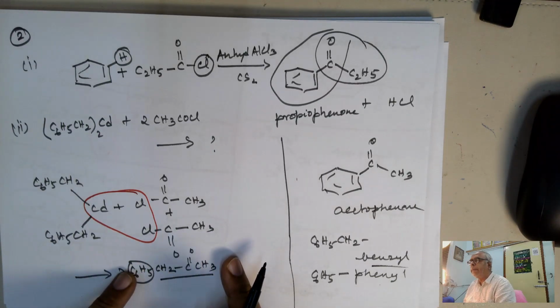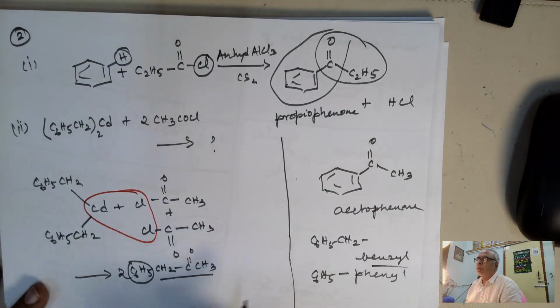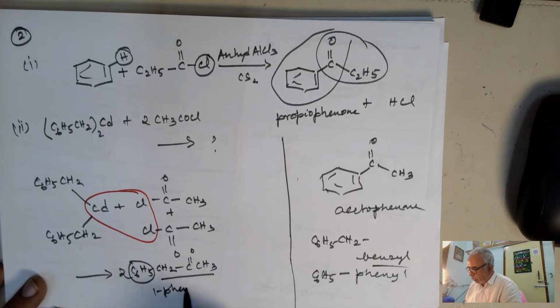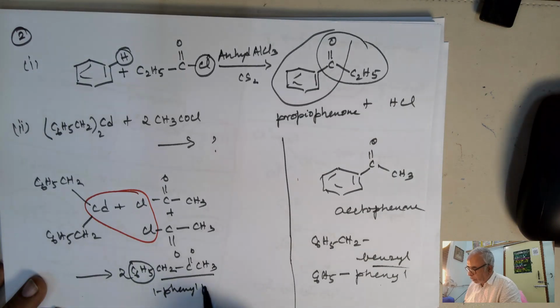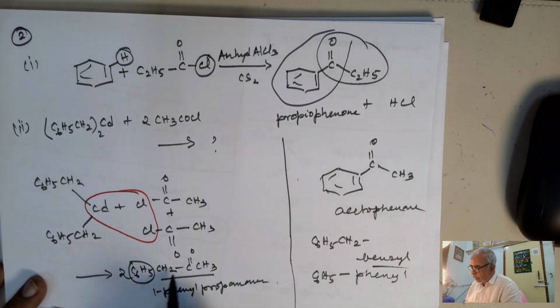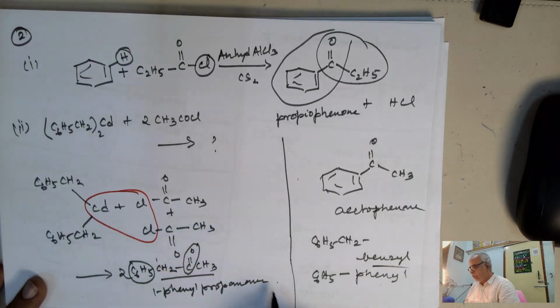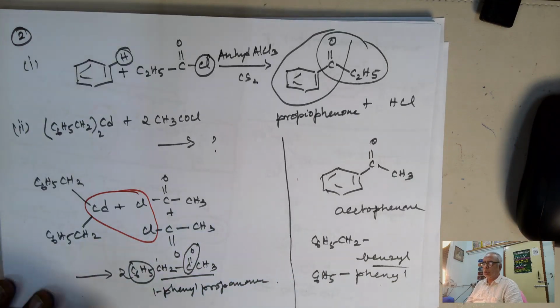There is 1 phenyl propanone. Why is it 1 phenyl? Because this is the functional group and this is the first carbon on the left side. So 1-phenylpropanone.